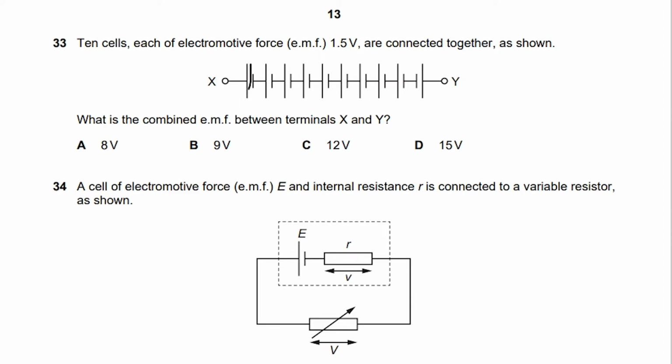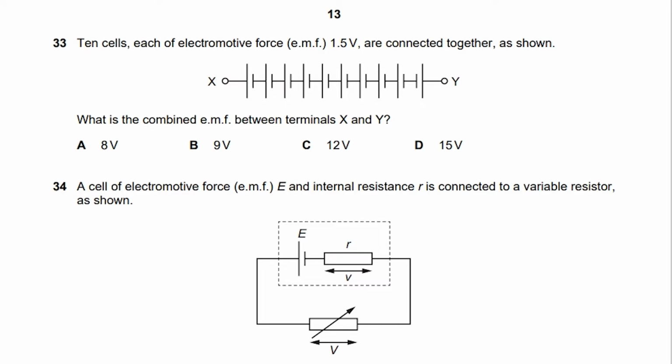Here this is positive, negative, positive, positive, negative. This one is 1, 2, 3, 4, 5, 6, 7, 8, 9. Okay, so 9 cells are connected in the same order, but then in the 10th cell they have negative and positive in separate directions, so the current will flow in opposite directions.